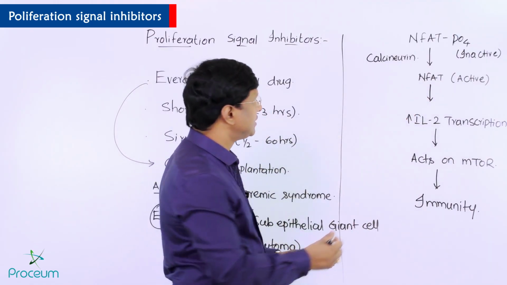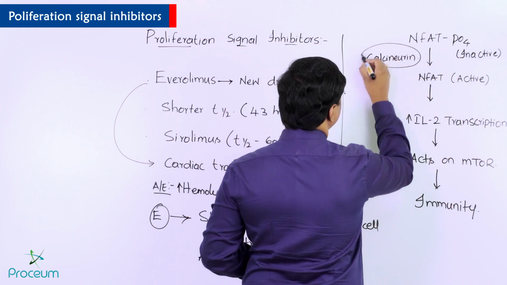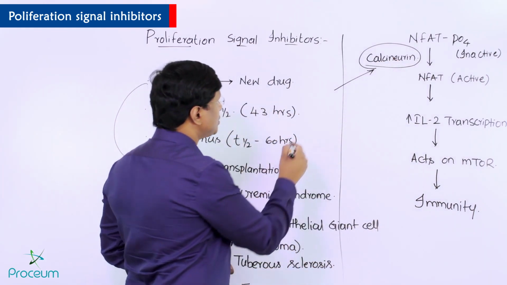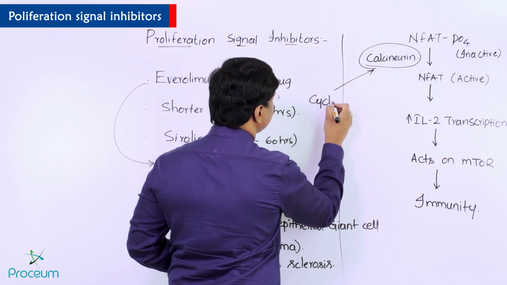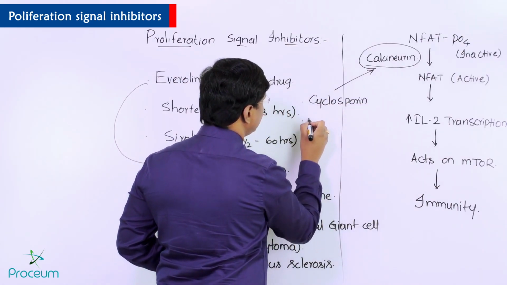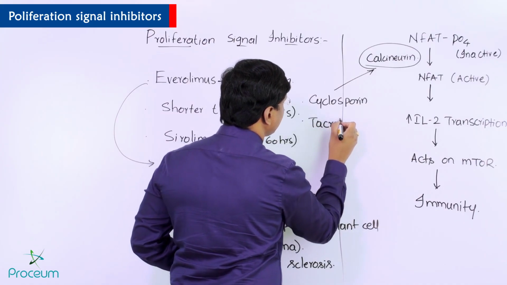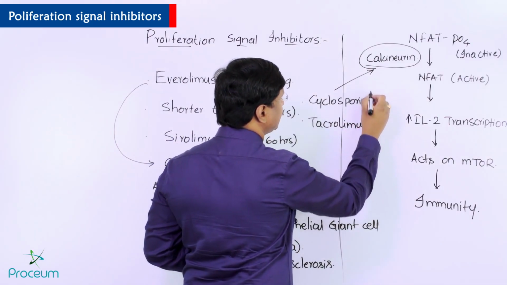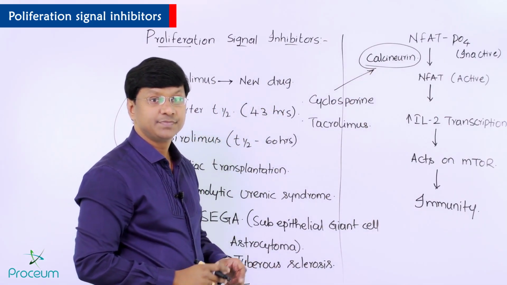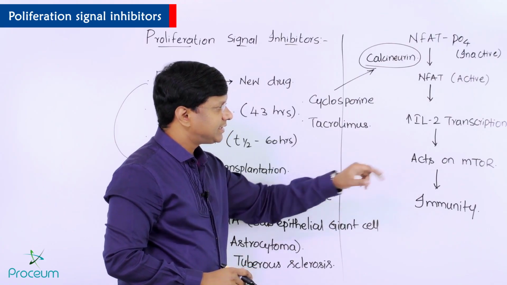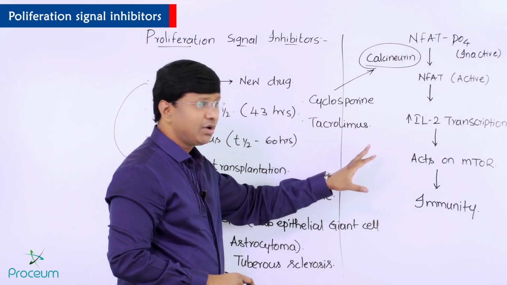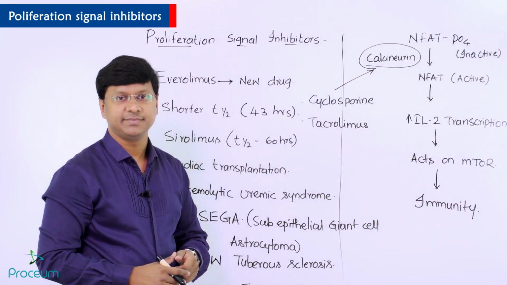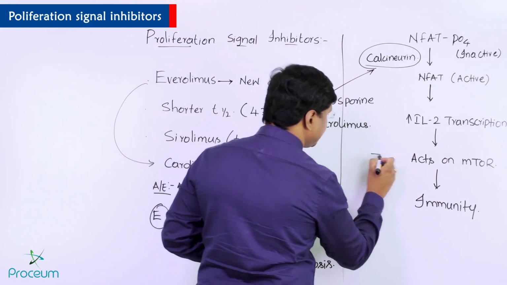Now if you see the drugs, at the point of calcineurin we have the calcineurin inhibitors, like cyclosporin as well as tacrolimus. Whereas if you take mTOR, the drugs which act on mTOR are the proliferation signal inhibitors.